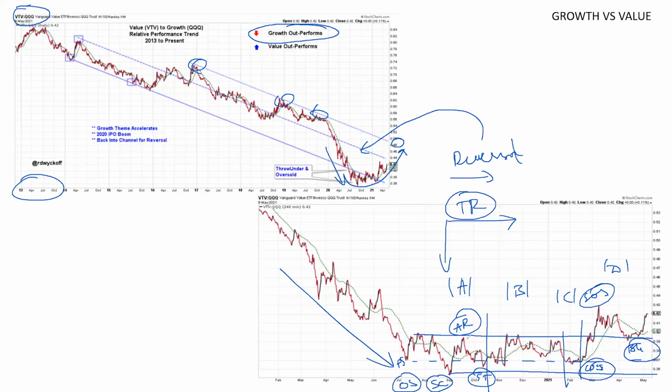We have passed through A, B, C phases, and now we've just had a very significant sign of strength where value just dominates over growth stocks. And then we had the backing up action, and now we are resuming this value outperformance.